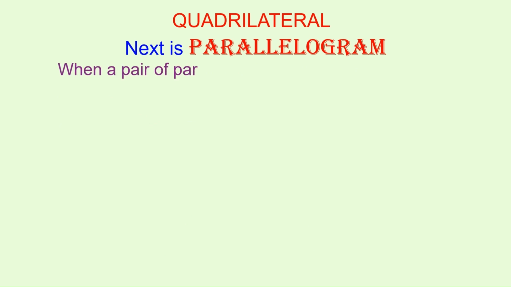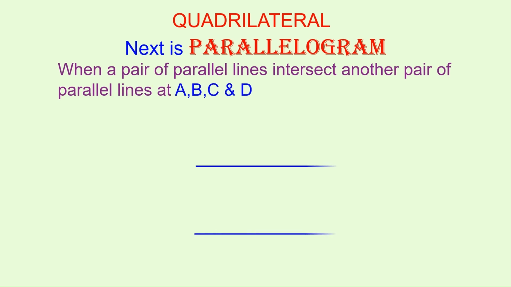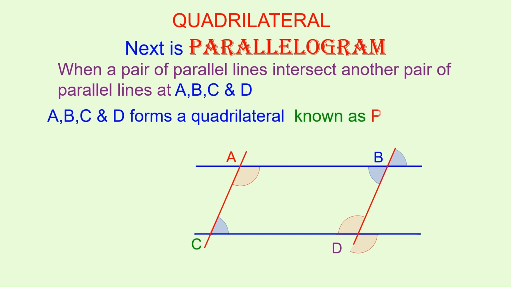When a pair of parallel lines intersect another pair of parallel lines at A, B, C and D, A, B, C and D form a quadrilateral known as parallelogram.